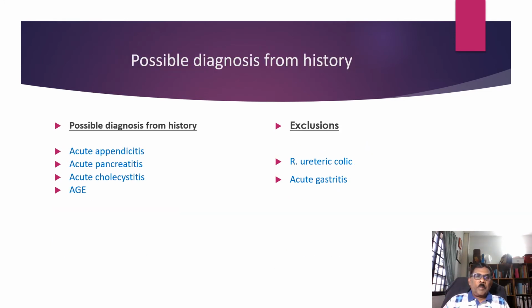Possible diagnoses from the history are these conditions: acute pancreatitis, acute appendicitis, acute cholecystitis, and AGE. From the history, we have excluded right ureteric colic, as there were no urinary symptoms and the pain was not in the right loin. Also, acute gastritis is unlikely because the location of the pain is not in the epigastric region.